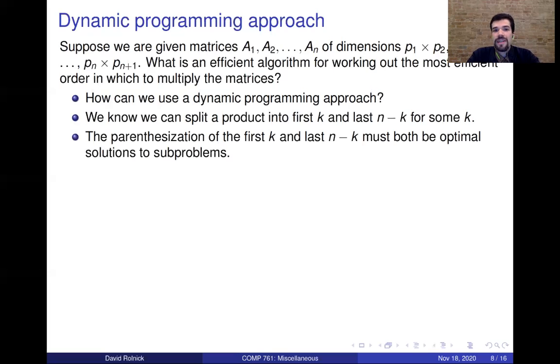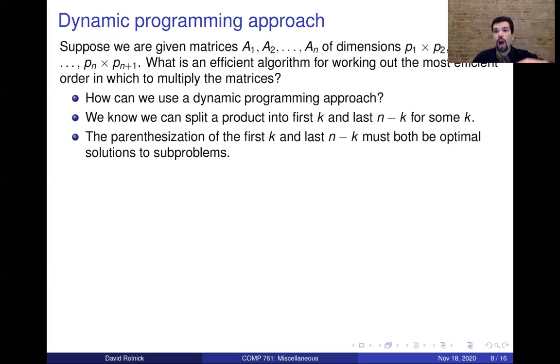And the critical thing here, the important thing in dynamic programming, is that if you take a subproblem, the subset of the full solution is a solution to the subproblem.